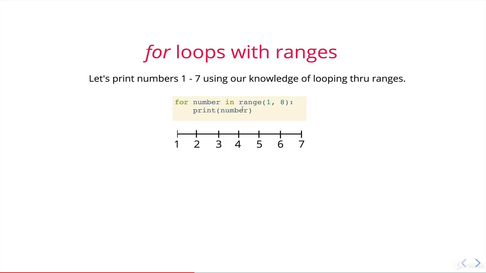And each time through the loop, we need that colon, and everything indented underneath that, just like a conditional, is going to run every time through the loop. So in this case, starts off and number is set equal to 1, the first part of the range. So we print number, which is 1. Then the loop starts over, and number is set to 2, the next part of the range, and we print 2. And I'll step through this quicker, but we keep going all the way to the end of the range, and then we're done.